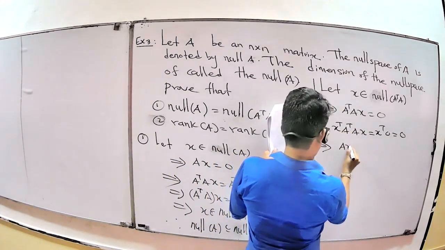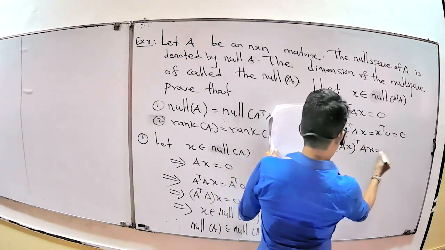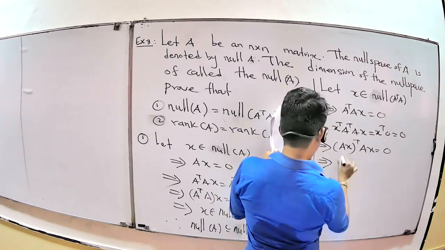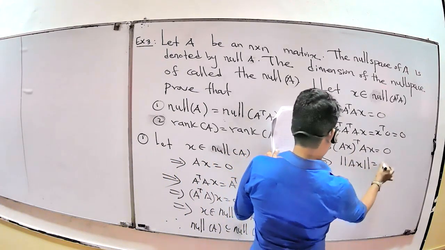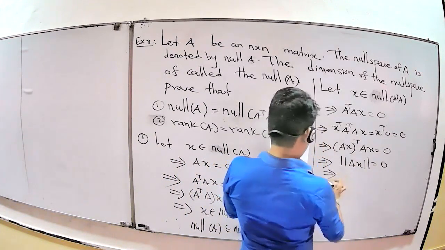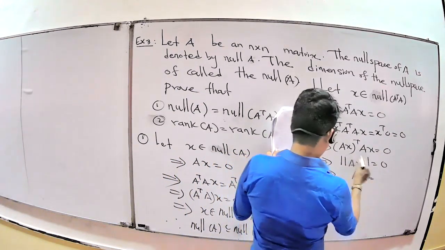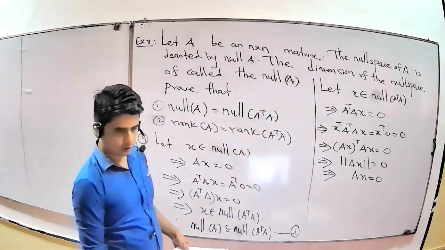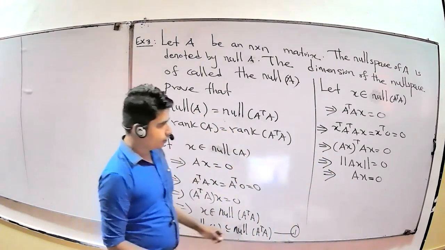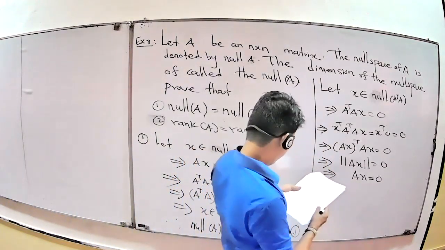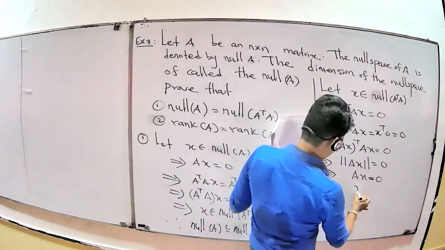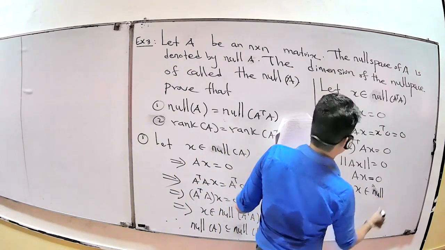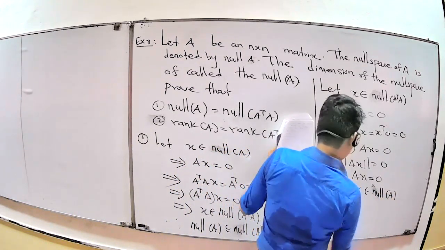This one you can write as (Ax) transpose Ax, which is 0. You know that this is the norm of Ax squared. The property is there that the norm of Ax is 0 means, in the inner product space, Ax equals 0. Ax equals 0 means x belongs to null of A.